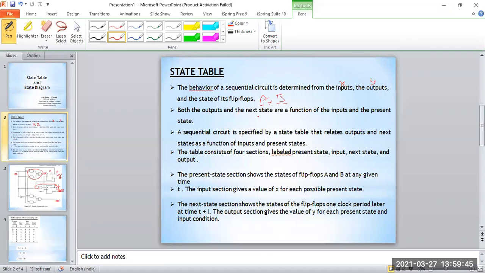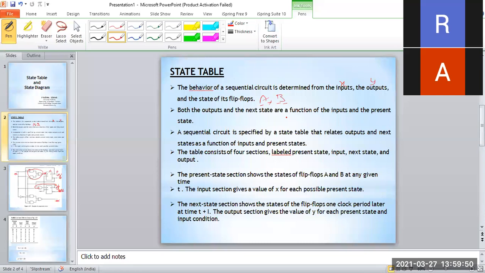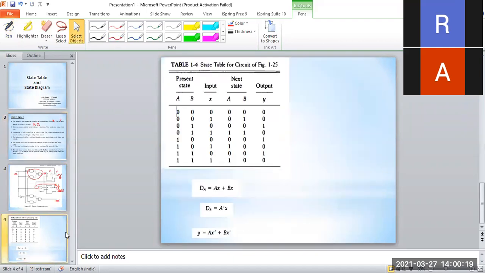Both the outputs and the next state are a function of the inputs and the present state. A sequential circuit is specified by the state table that relates outputs and next states as a function of inputs and present state. Let me directly go to the diagram and explain these things so that you can understand clearly.